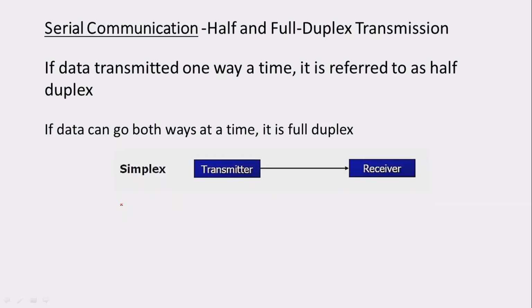The simplex form is the basic form of any transmission. In this simplex form I am going to send data from sender to receiver only. The receiver cannot send back data from the receiving end to the transmitter. There is only one way of communication here.